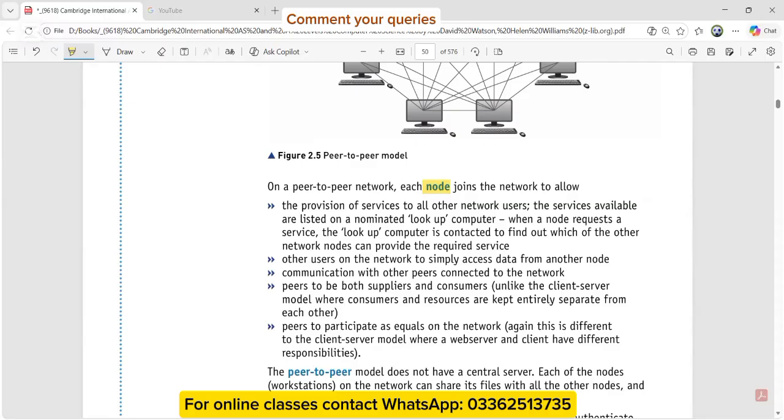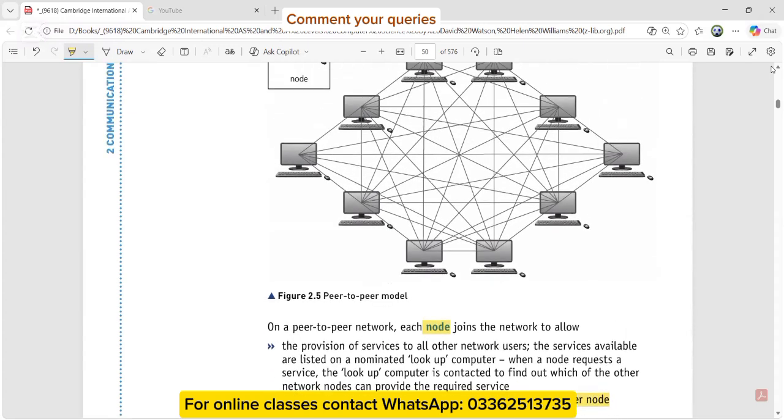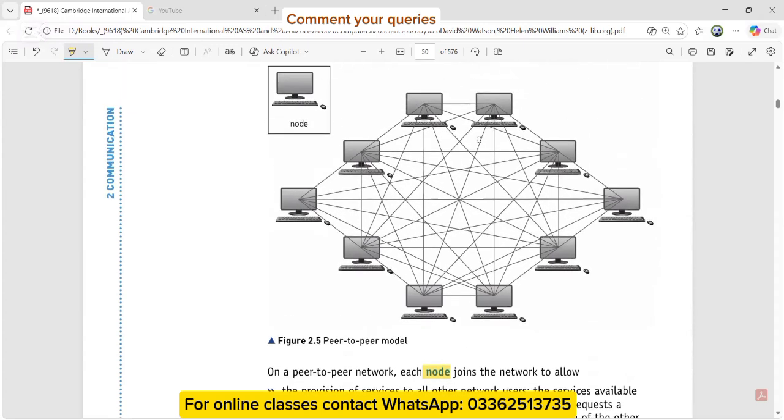Other users on the network simply access data from another node. So you can see here all the computers are able to access the other users on the network to simply access data from another node. Communication with other peers is happening. Every computer is connected with the other one. Let me show you the diagram once again to make the concept a little clearer. You can see it's simply all the connected computers.